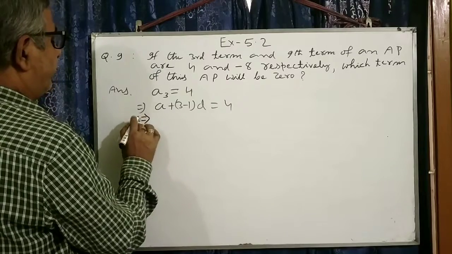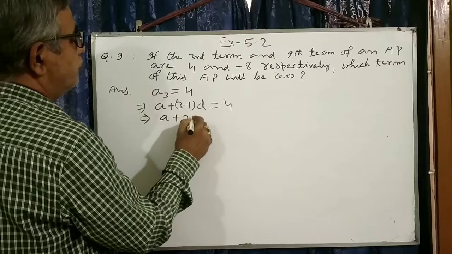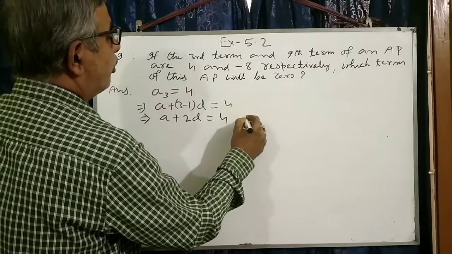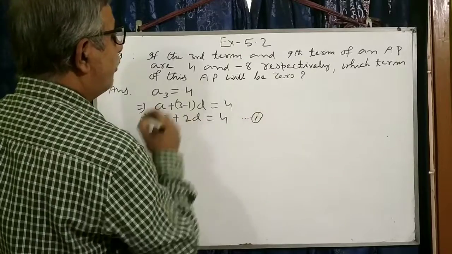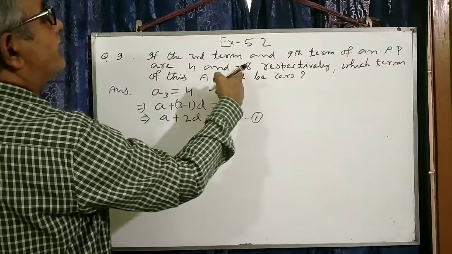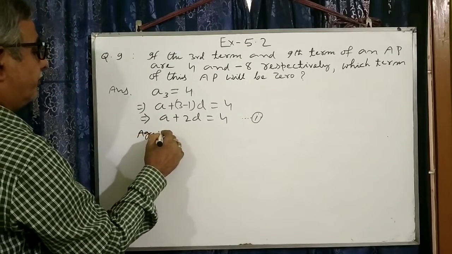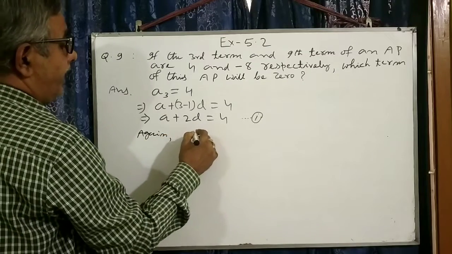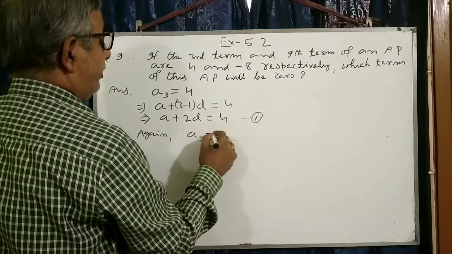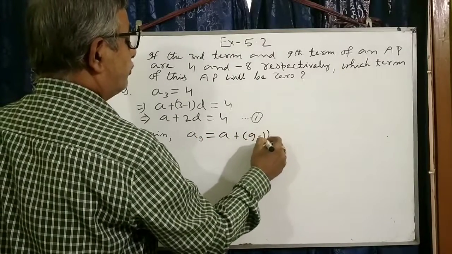Now you see, A plus 2d is equal to 4. One equation you got here. This is equation number 1. Now, ninth term of an AP is given minus 8. Again, an means here a9, ninth term, is equal to A plus 9 minus 1 d.